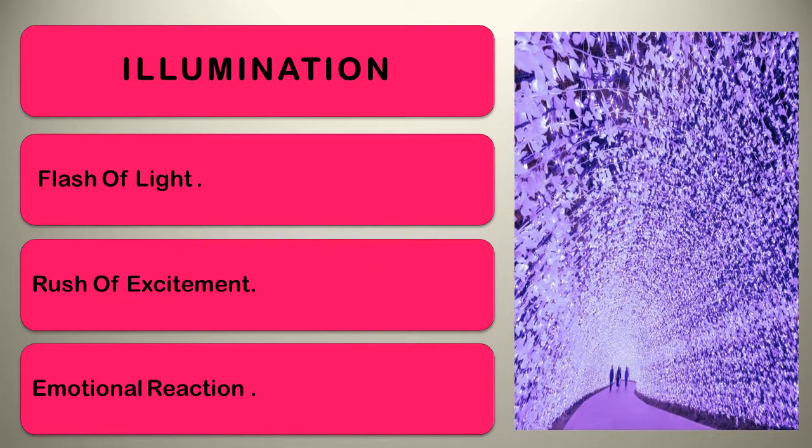Coming to the third stage of creative thinking, illumination. After incubation, suddenly, like a flash of light, the correct solution appears in front of the mind. And the person experiences a rush of excitement.